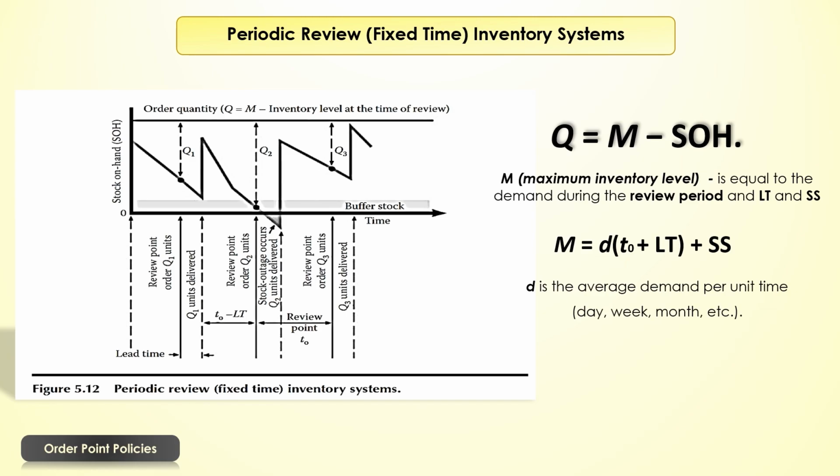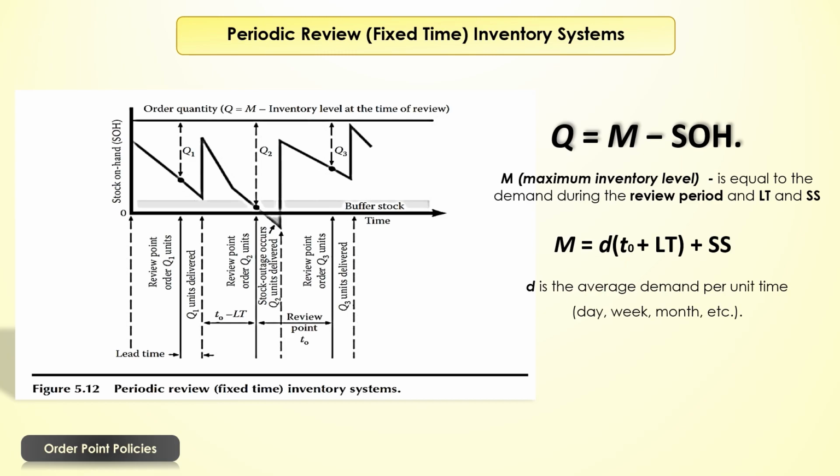That is, M equals D times the TO, or the optimal interval for periodic review, plus the lead time, plus the safety stock. So D is the average demand per unit time. It could be in day, week, month, etc.